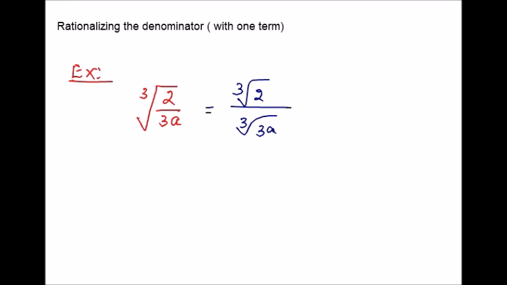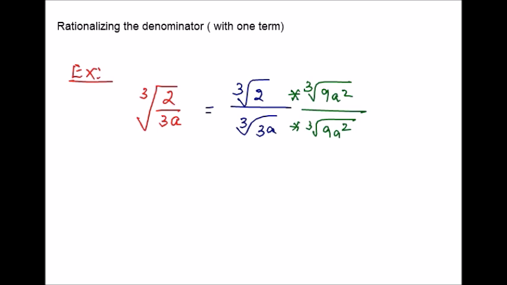Multiply both the numerator and the denominator by the cube root of 9a square. While rationalizing, we will be frequently using many laws of indices, that is laws of exponents. This is just a fractional multiplication. So multiply the terms in the top row and multiply the terms in the bottom row, that is the denominator.